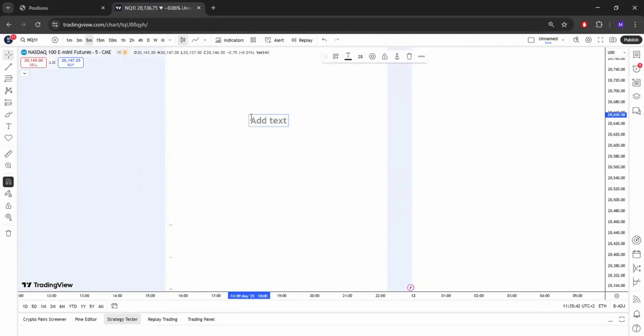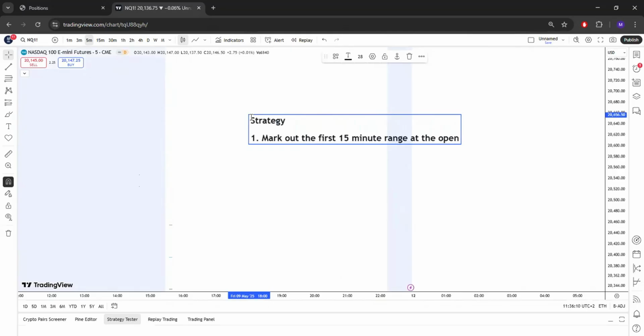So the strategy is pretty simple. What you're looking for is on NQ, Nasdaq 100. The first thing you're going to do is mark out the first 15-minute range at the open.